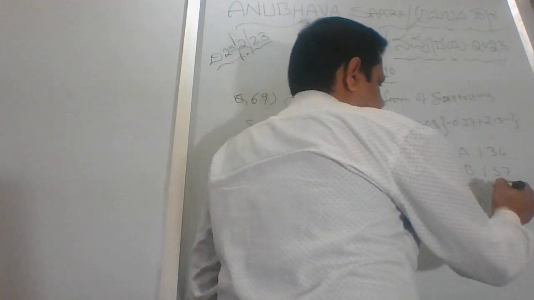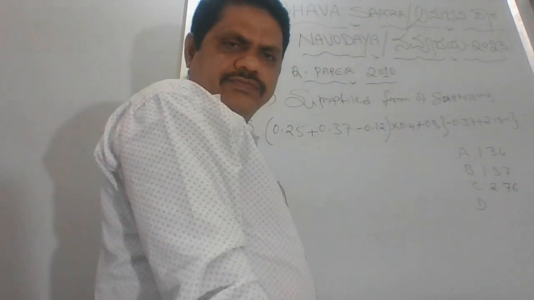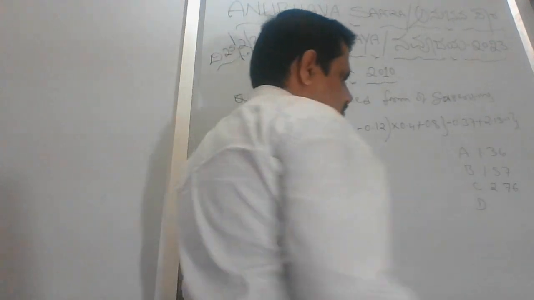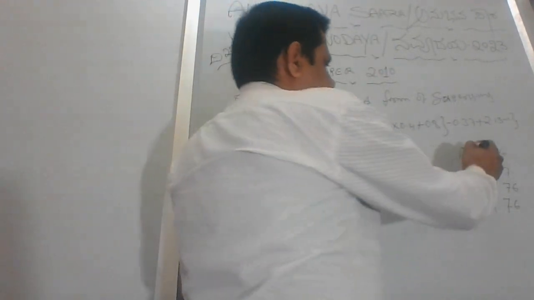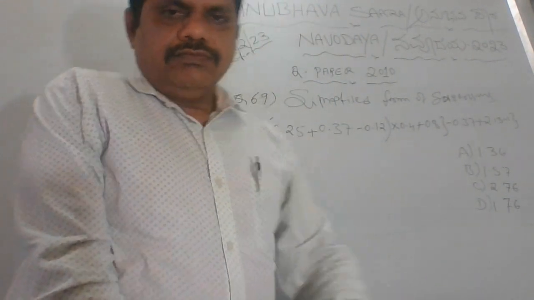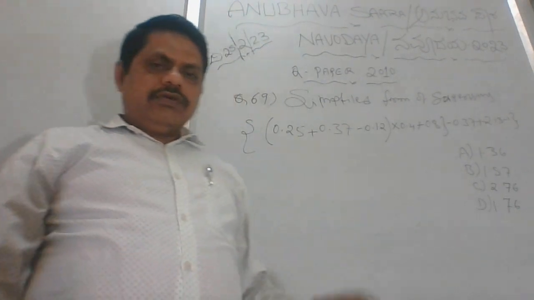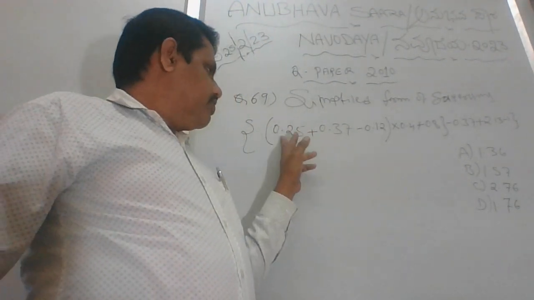C is 2.76. D is 1.76. Fine. So we have the question here, which I'll explain one by one.